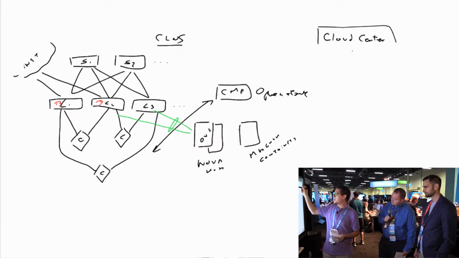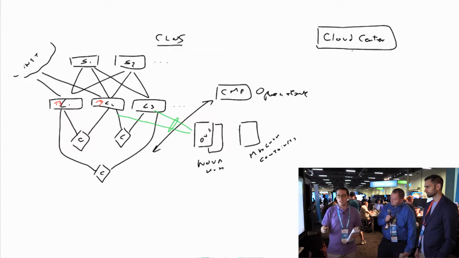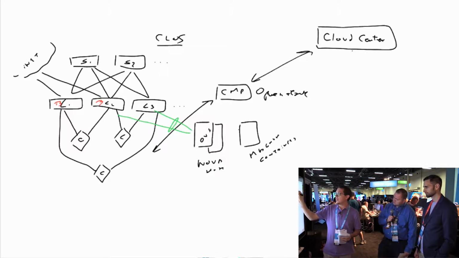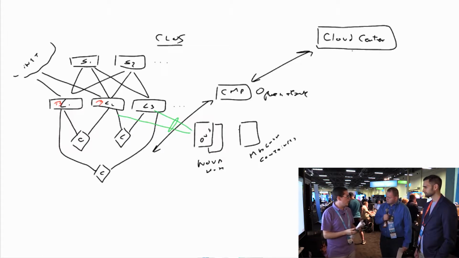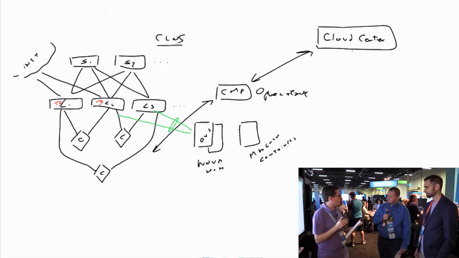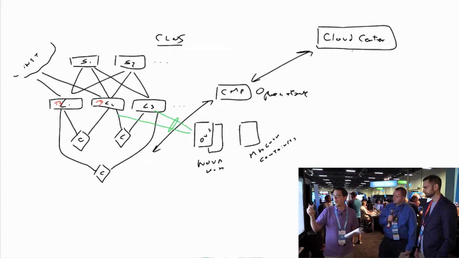Why Cloud Center? Because with Cloud Center, we will interact with OpenStack. What we are going to do in Cloud Center is define all the business rules that the enterprise wants to provide to the customers. What is this? The different services they want to provide, at the application level, like if you want a CMS, you will define it here. And when you do the create workflow, you will choose in which cloud you want it.